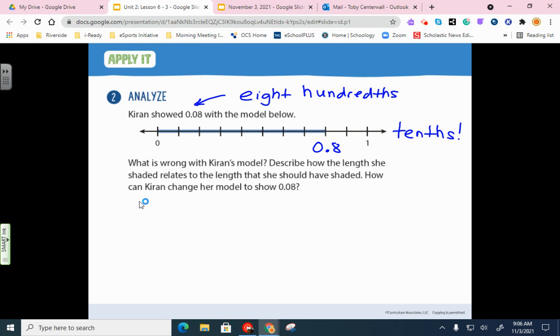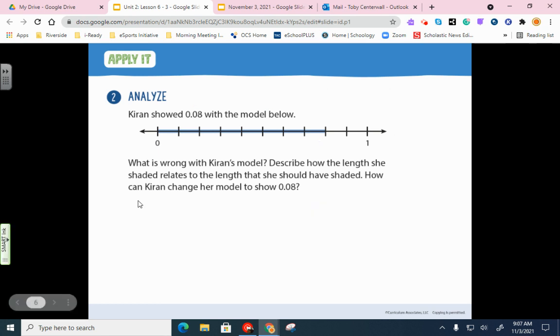If we're going to show 8 hundredths, that would have to be shown right about there. So to answer this question, 8 tenths is shown. So they've got the wrong scale. We'll talk later about scale in future lessons, but that's what was wrong with this number line. If that looks familiar, it's also a lot like what we did yesterday in IXL. Let's move on to 3.